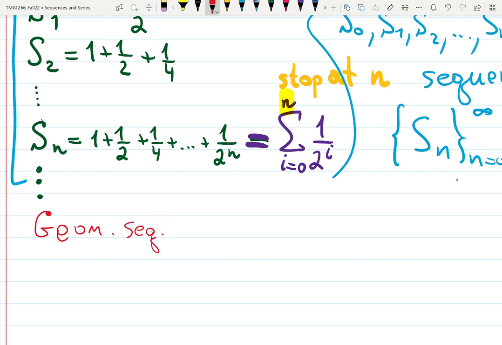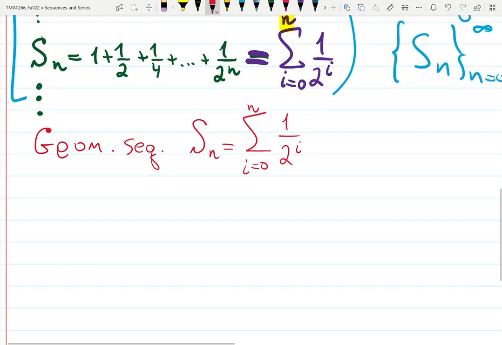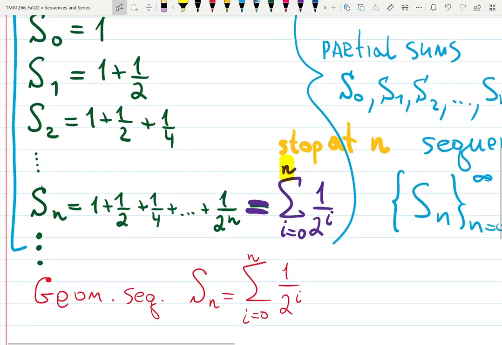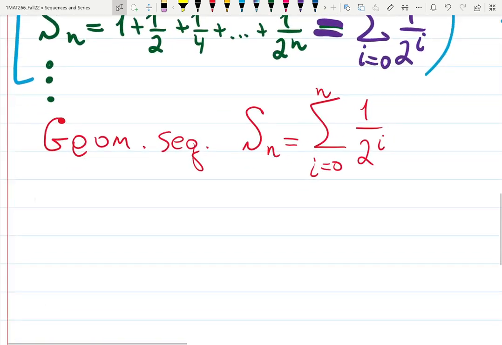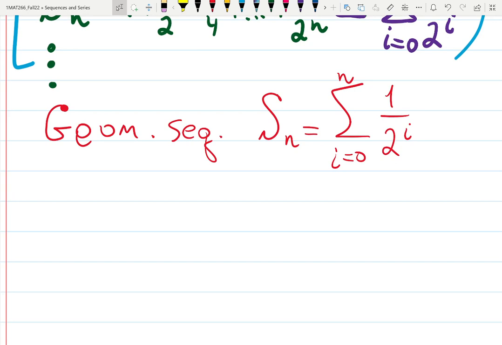Let's keep it as SEQ. Geometric sequence S sub n is written as the sum of 1 over 2 to the i, i going from 0 to n. Why is it a geometric sequence? Because, as you can see, how it was created. When you have a common factor, that's by definition a geometric sequence.